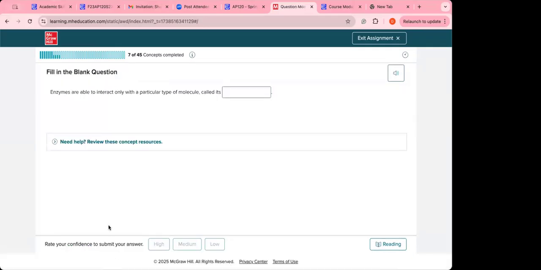Enzymes are able to interact only with a particular type of molecule called its what? Remember the lock and key idea? What is that piece that the enzyme attaches to? Do you remember what it's called? If not, you can look it up.